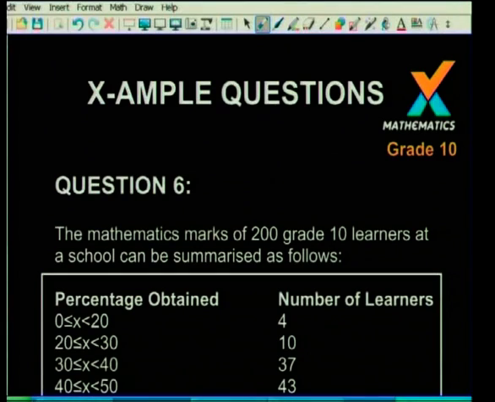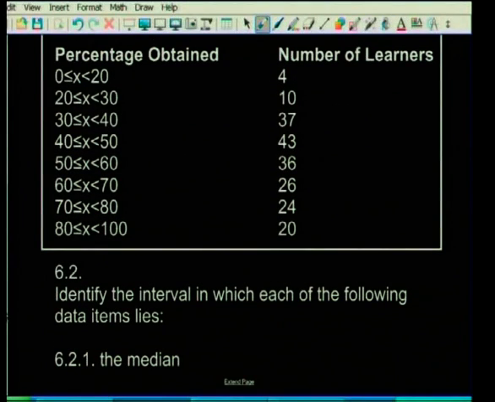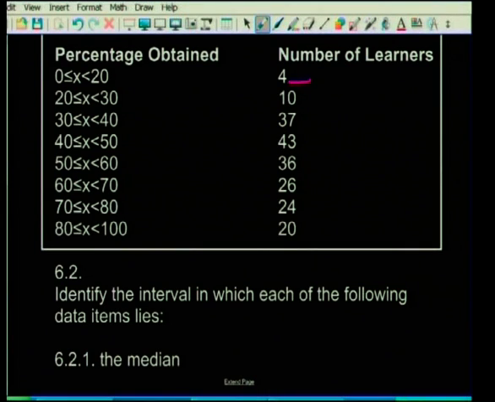Right, let's look at the next question. Identify the interval in which each of the following data items lies. And the first one that they talk about is the median. Okay, guys, now the median will be between the 100th and the 101st value, right? So it'll be in between those values. Now we're just going to count over here. Up to here, I've looked at 4 learners. Up to here, I've looked at 10 learners. So 4 and 10, and then 37, and then 43.